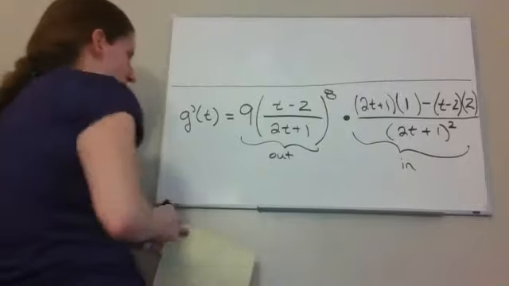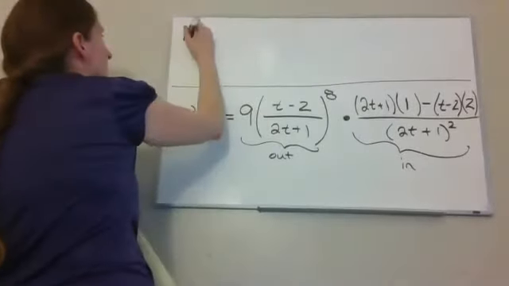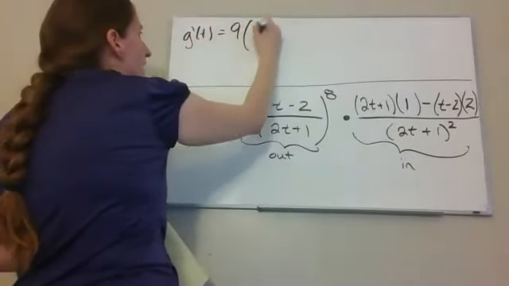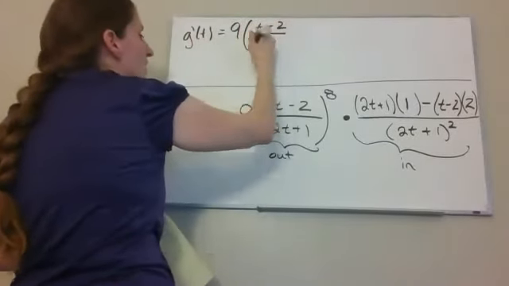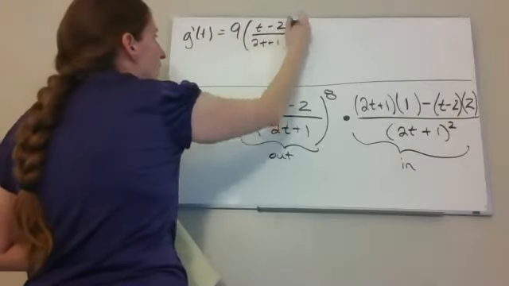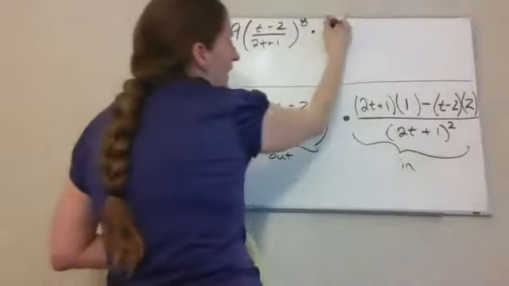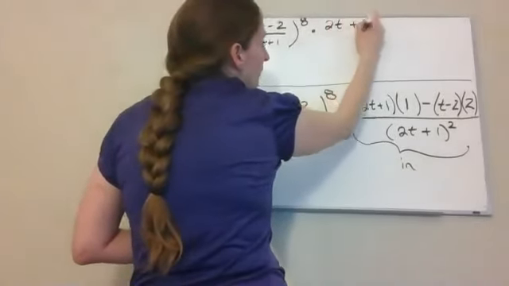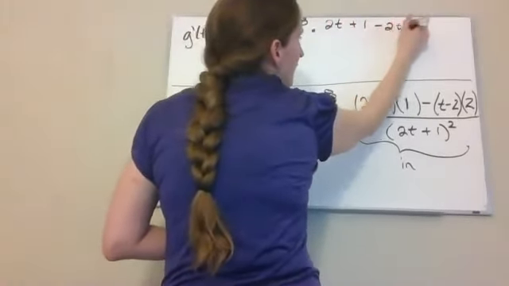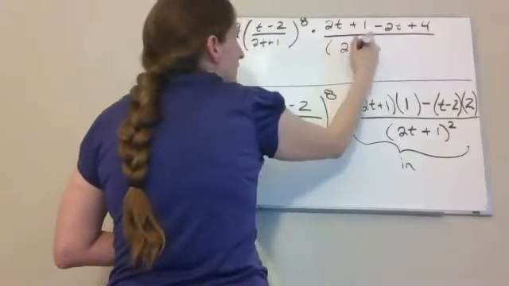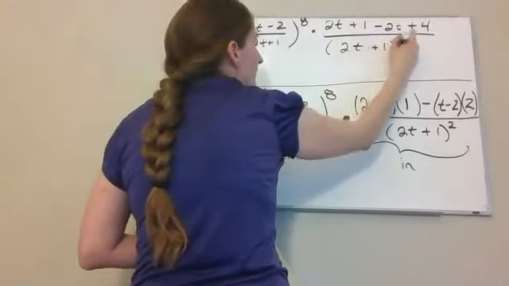So when I do that, we have our 9 (t minus 2 over 2t plus 1) to the 8th times, I would have 2t plus 1 minus 2t plus 4 all over that denominator squared.